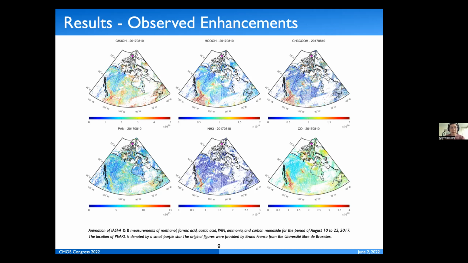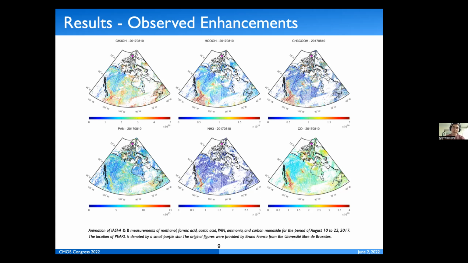A lot of them have pretty weak spectral features compared to things like ozone, CO or methane. So all of this combines to make the sensitivity of these measurements from IASI quite a bit lower over these high latitude regions.